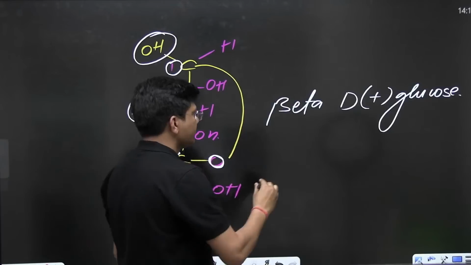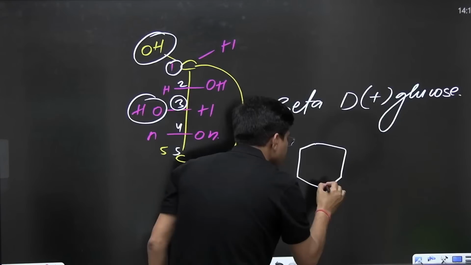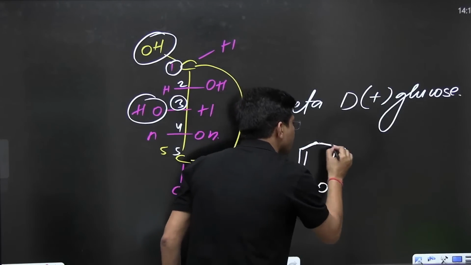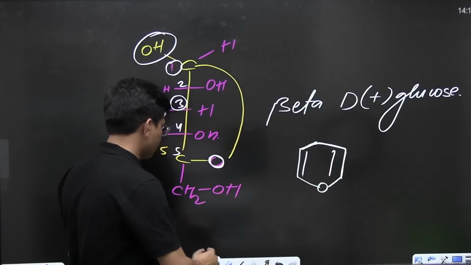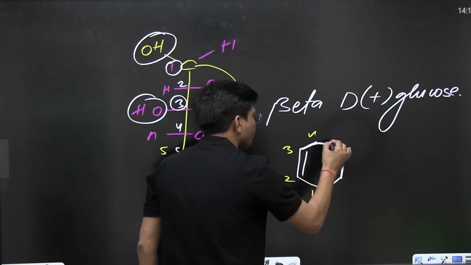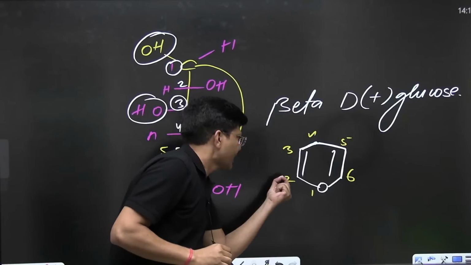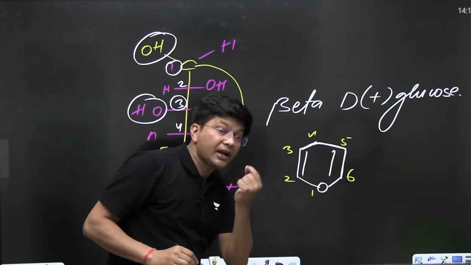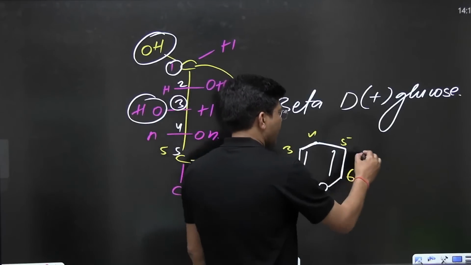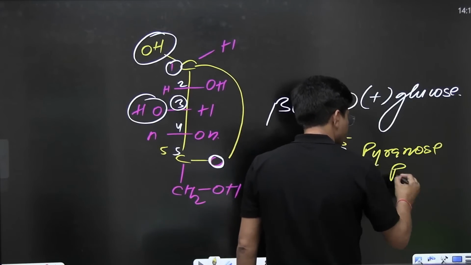Just check how many atoms there are: total 6-membered ring. Out of these 6 atoms, one is oxygen, a heterocyclic ring, and this is known as pyranose ring structure.